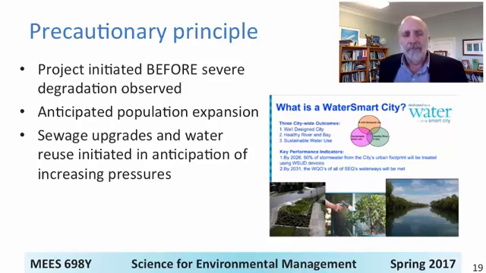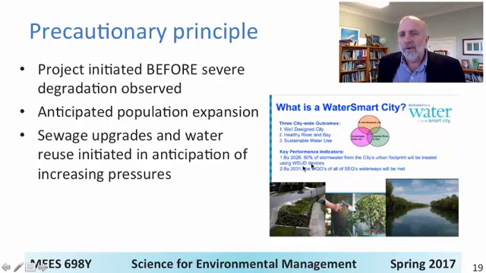We didn't have anything. In fact, the project was ongoing before that cyanobacteria bloom that caused the skin dermatitis with the fishermen. We essentially were anticipating population expansion because this was a really fast-growing area, and we got some of the sewage upgrades and water reuse initiated in anticipation of increasing pressures.